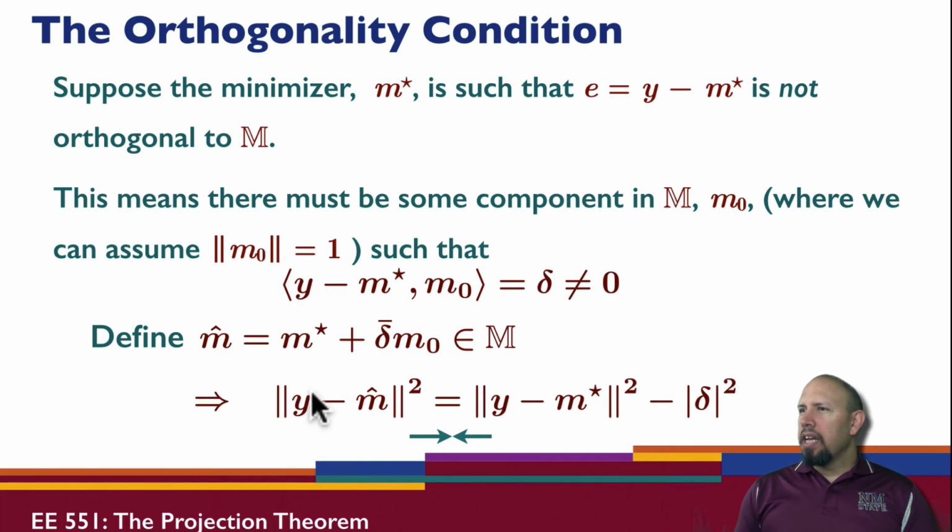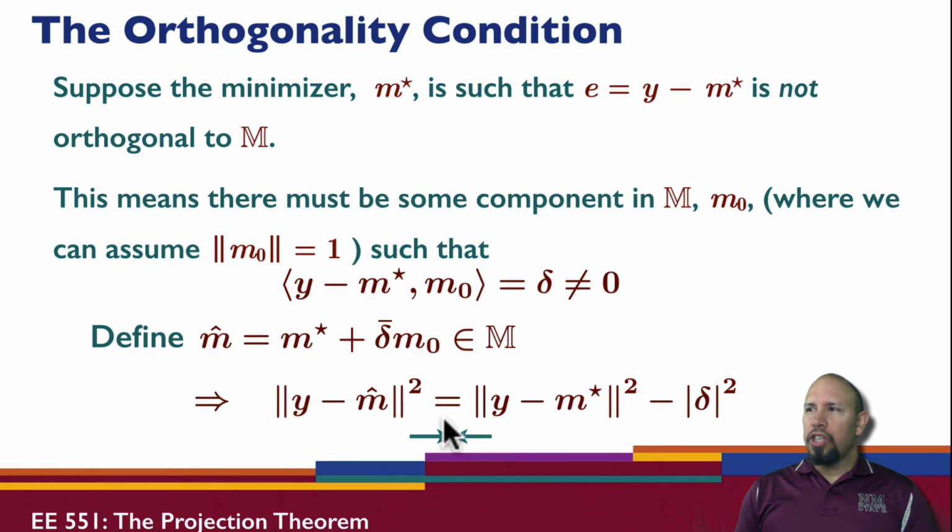What does this mean? It means the difference between y and M hat is less than the difference between y and M star. That says M star does not give the smallest norm.